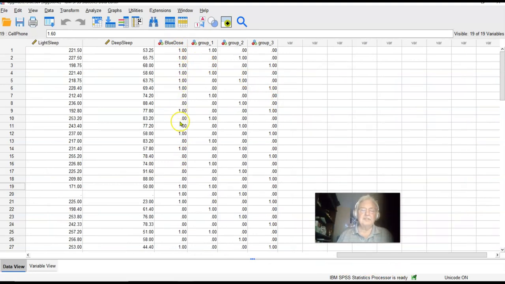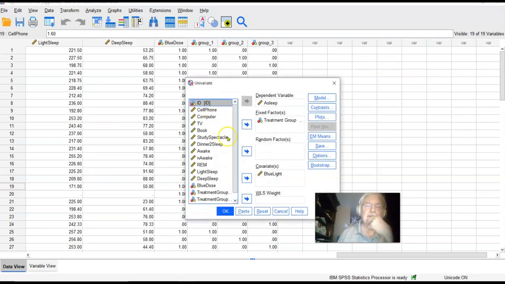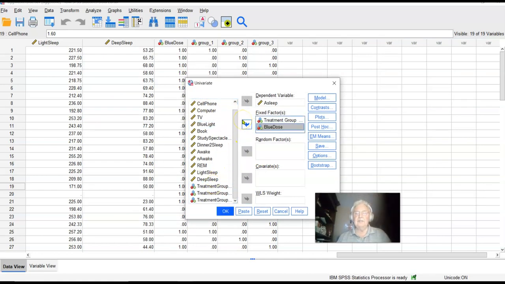So it has ones and zeros. Now we've made the continuous variable a categorical variable. And now we can run a two-way analysis of variance, where we go to analyze, general linear model, univariate. Instead of a covariate, we're going to add this blue dose variable and make it a two-way test. And we're going to see how that works.